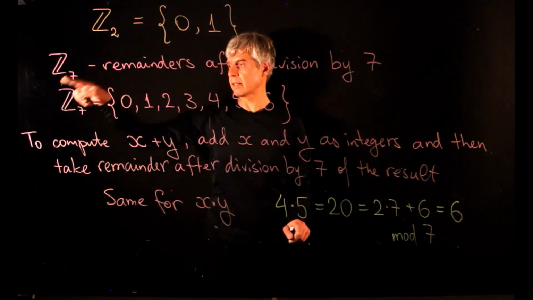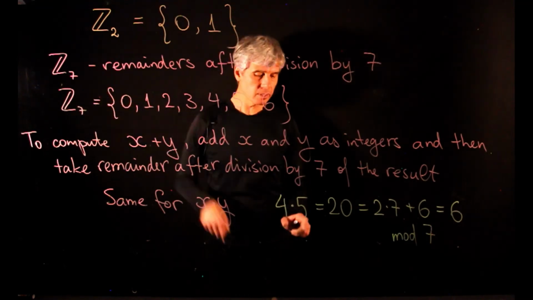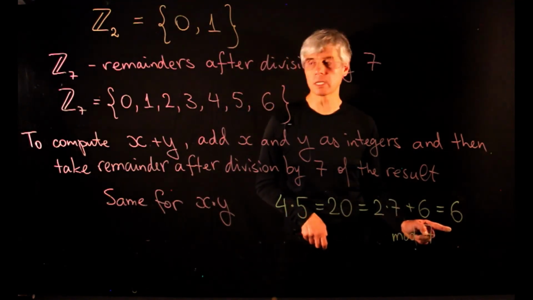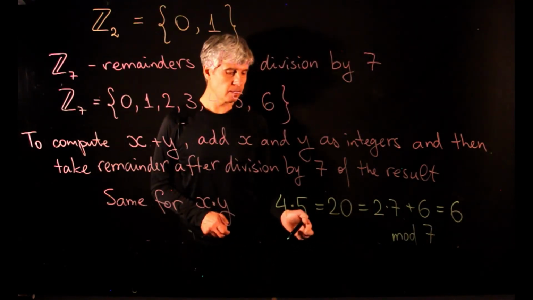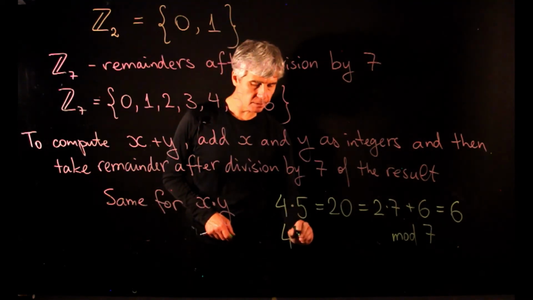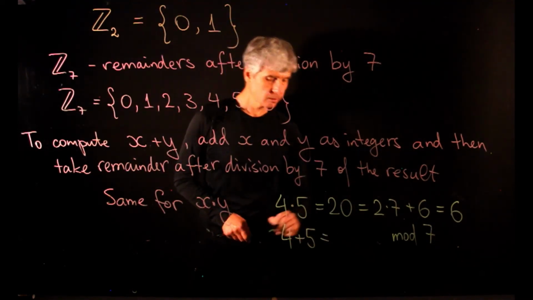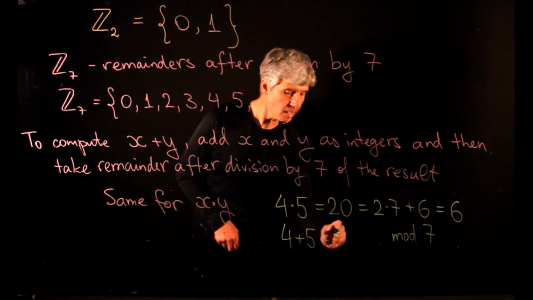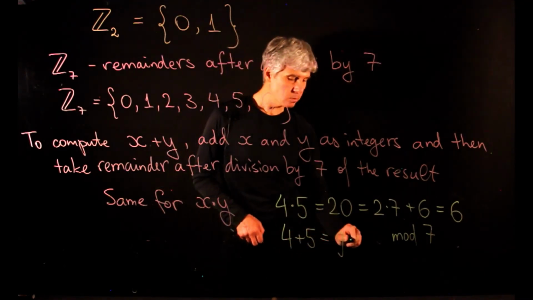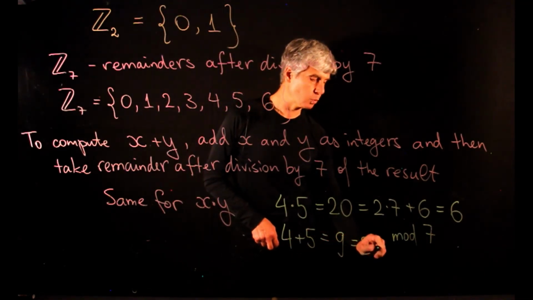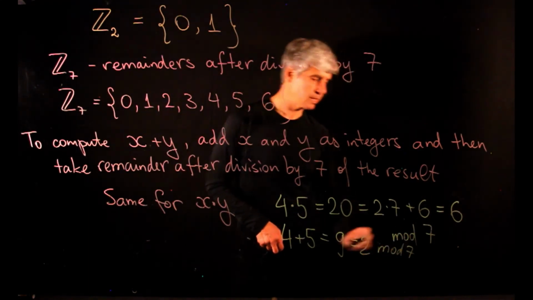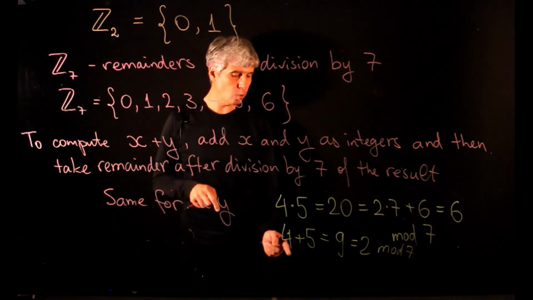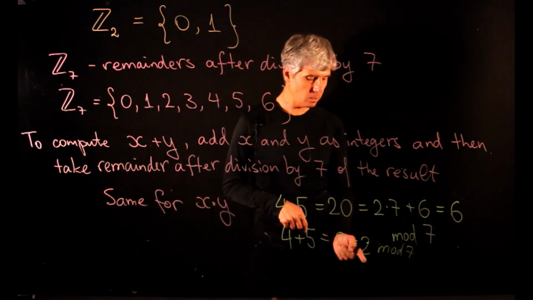So this tells us that in Z7 the product 4 times 5 is equal to 6. And okay, so what is 4 plus 5? If we add these as integers, we get 9. But the remainder of 9 after division by 7 is equal to 2. Right? And we write mod 7. So this means that in Z7, 4 plus 5 is equal to 2.